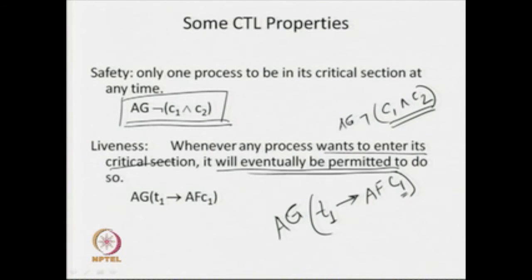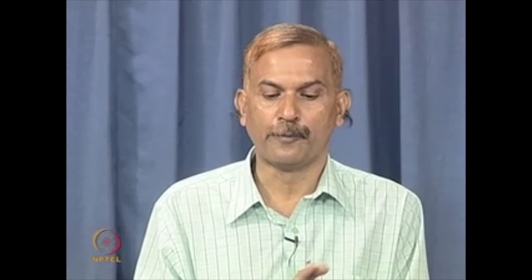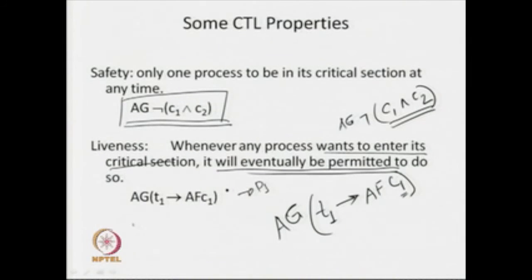Now, you can see that the property I am writing, AG T1 implies AF C1, is related to process P1, because we have two processes, P1 and P2. Similarly, we can write a formula for process P2: AG, if process P2 is trying to enter the critical section, then in all paths in future C2 must be true. So, this is the property related to process P2.